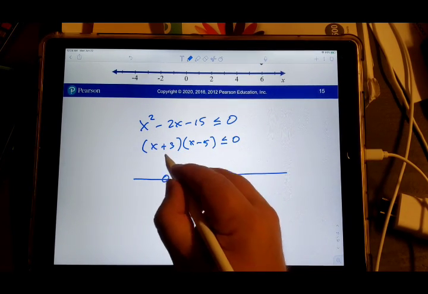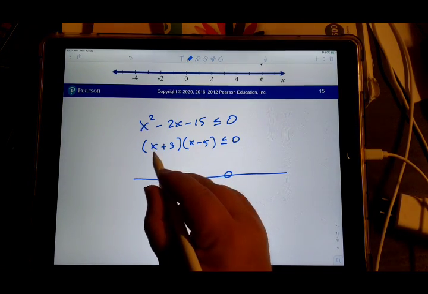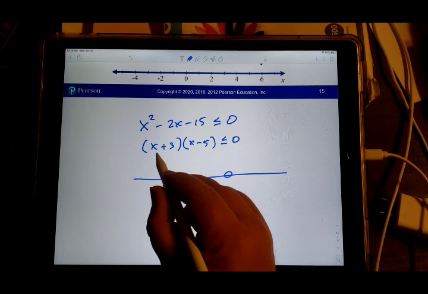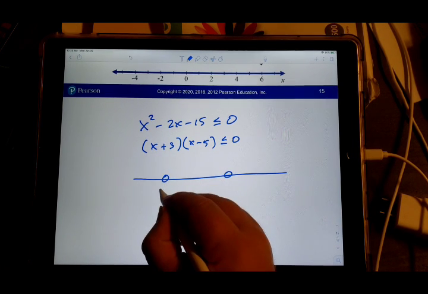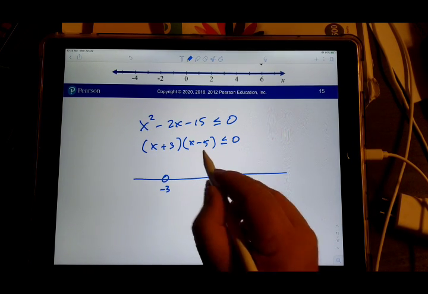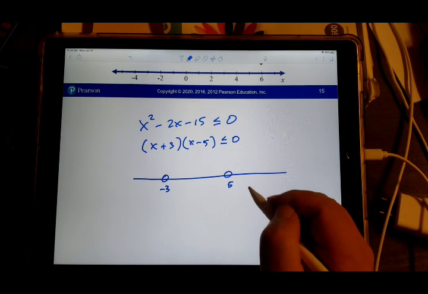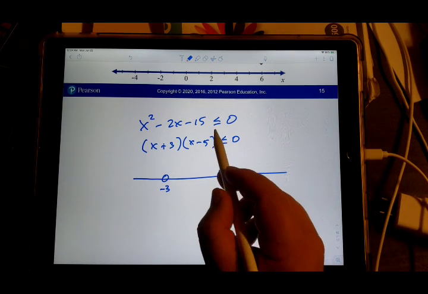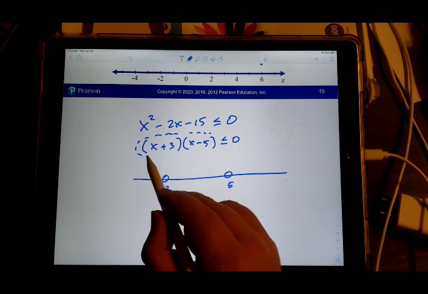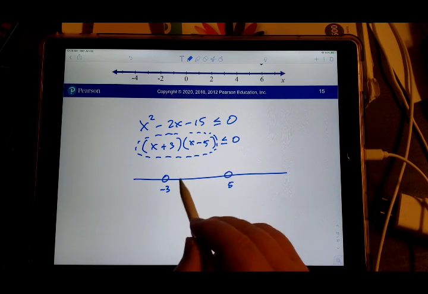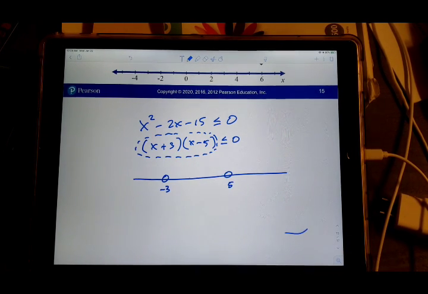But if it's not an equal sign, what we're going to do is factor it, get zero on one side, and find the critical numbers. The number when I set this equal to 0 would be -3, and this one would be 0 at +5. And we still want to know when this product is less than 0.